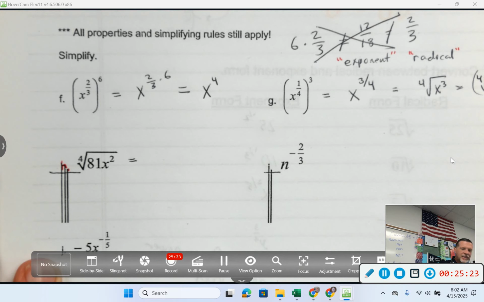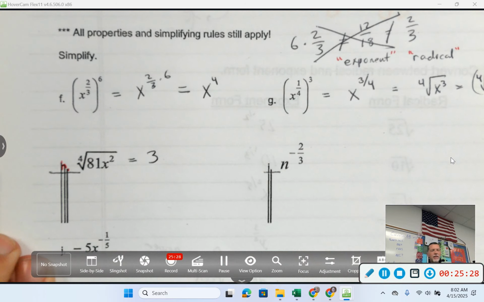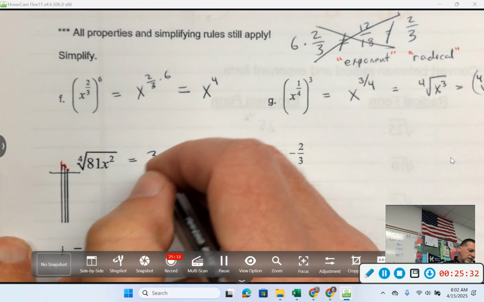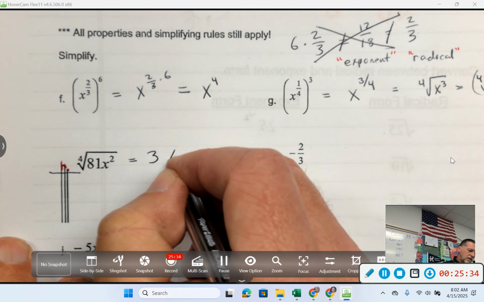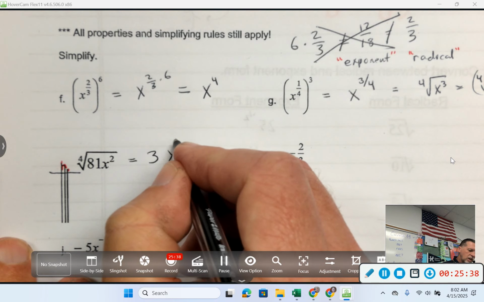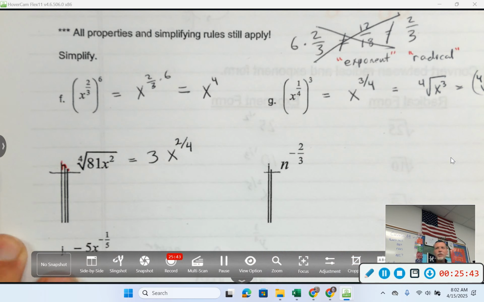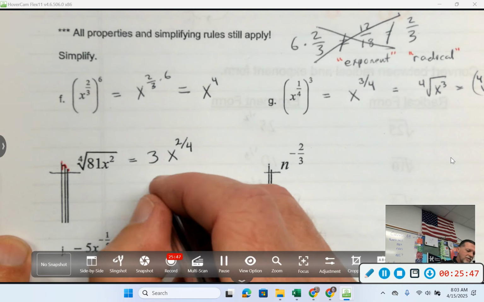4 through to 81? 3. And what about the 4th root of x squared? Let's rewrite that. This is why we like exponents better usually. If I write that as an exponent, it's x to the 2/4. And then you're like, wait a minute, I know what that is. That's 1/2.